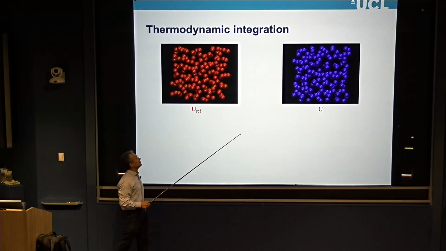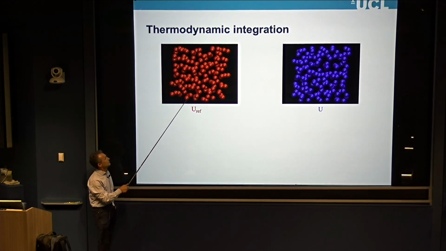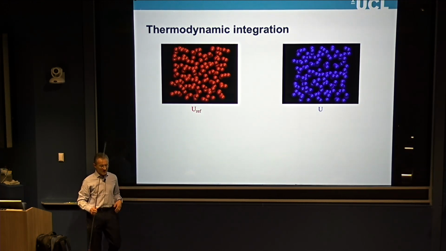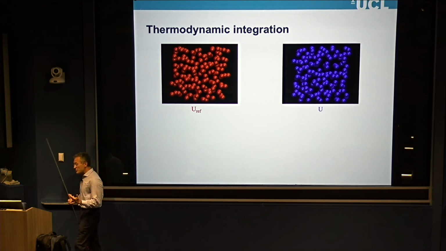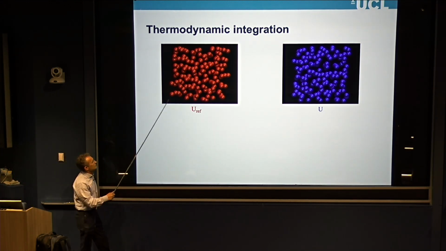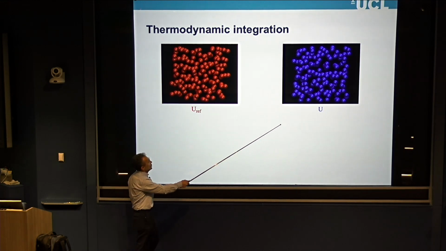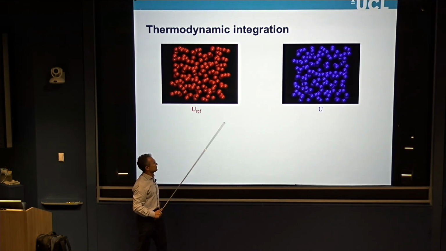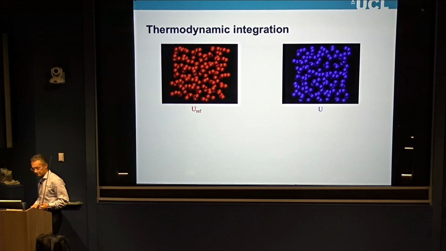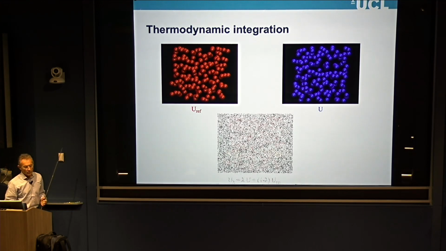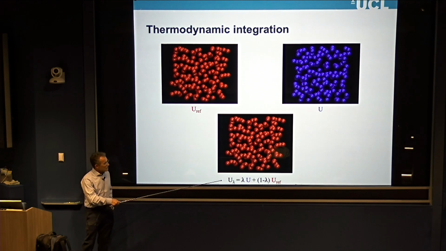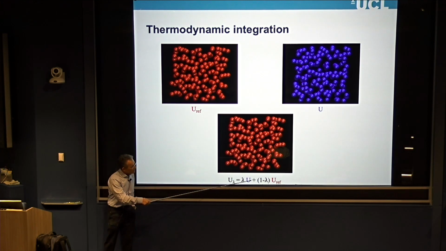And what you do is you introduce a different system, a reference system, which is much easier to treat and for which you know the free energy. This reference potential doesn't necessarily have to be very close to yours, though it helps in terms of efficiency. And then you build a potential that is a mixture between the two.